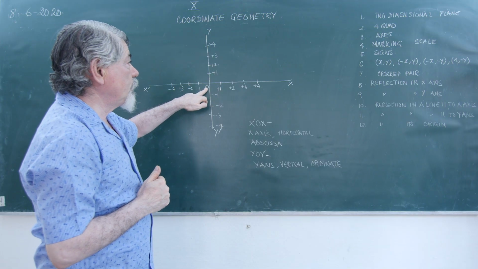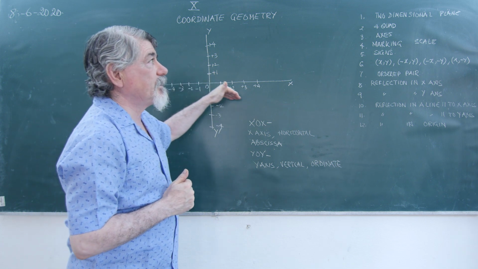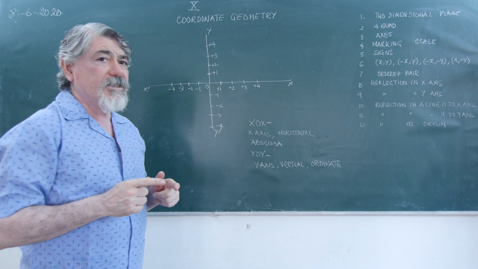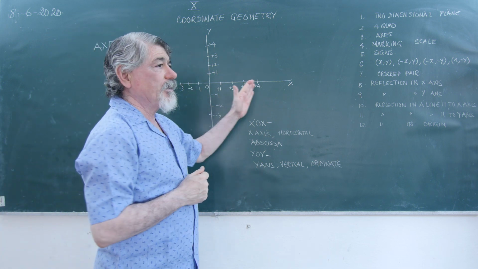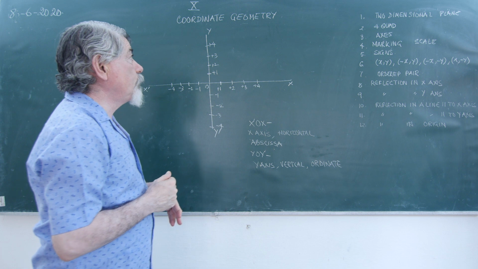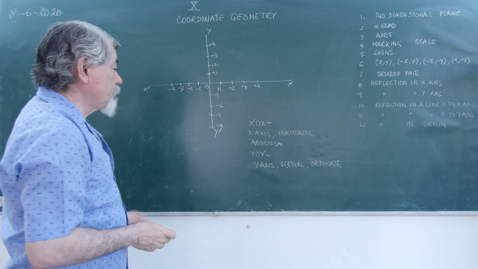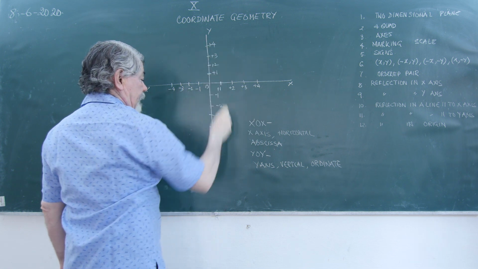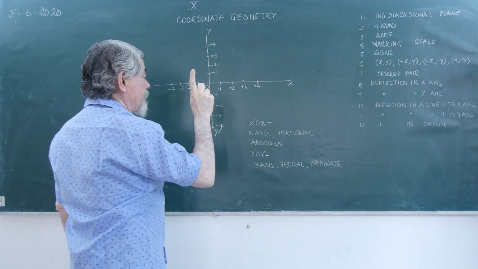O is called the origin where the two axes cut each other. Now this divides the total two-dimensional plane into 4 parts. And what are those 4 parts?